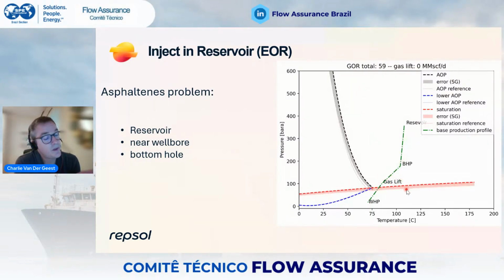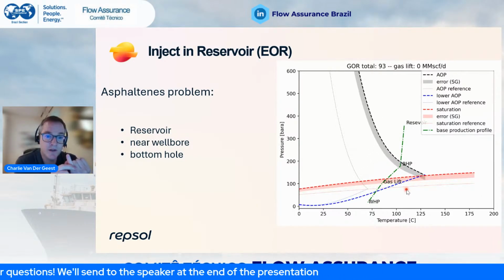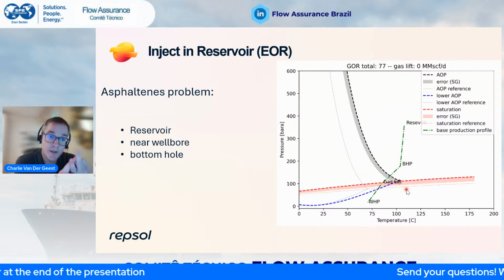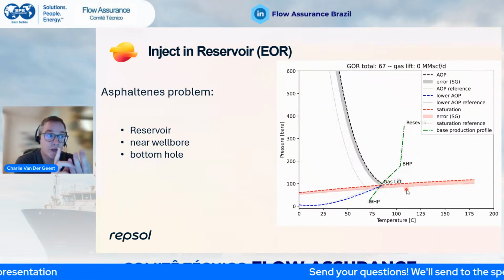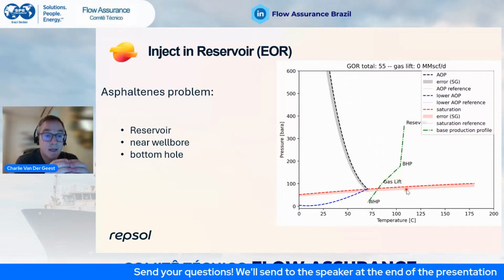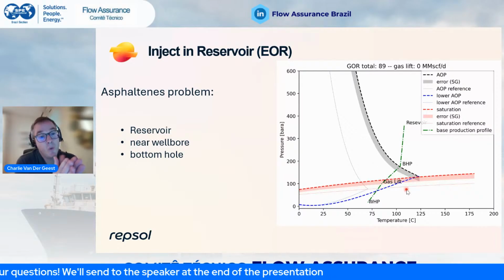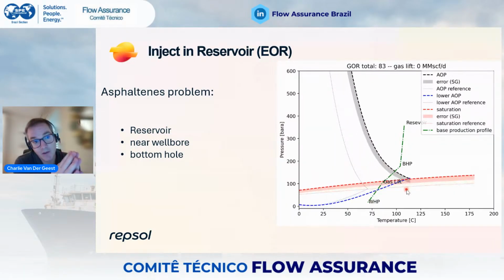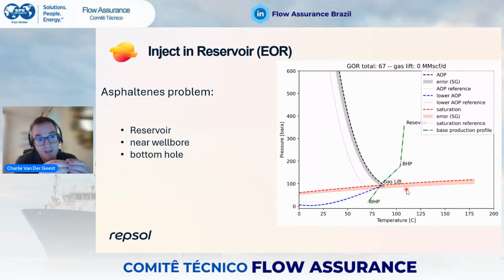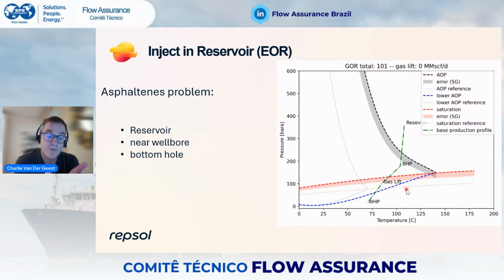If you inject in EOR, you can have problems in the reservoir, in the near wellbore. You can have problems below the gas lift, and that's a way bigger problem. Why? Because if you have a problem in your flow line, you can clean it. If you have a problem around your gas lift, you can clean it. But if you have a problem in your reservoir, then you can't.